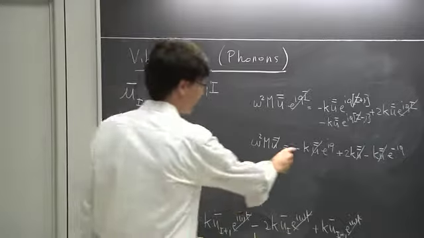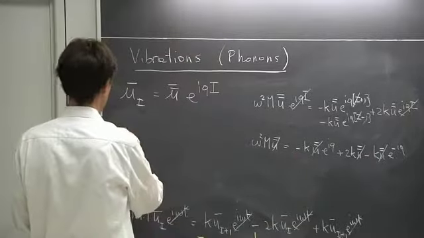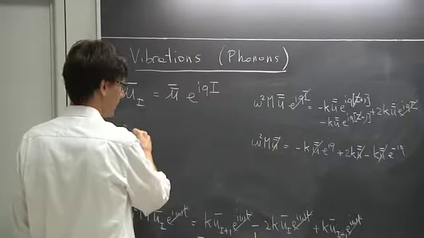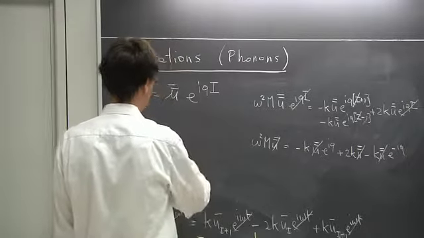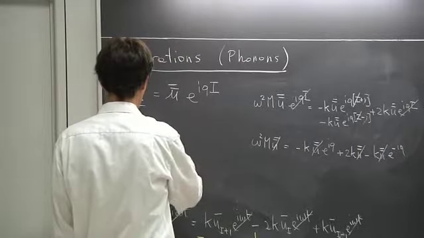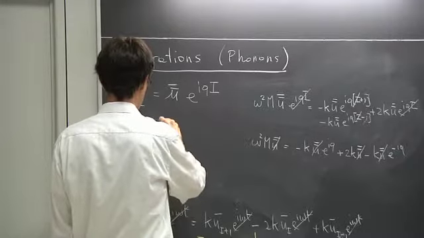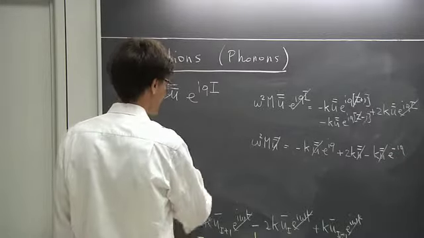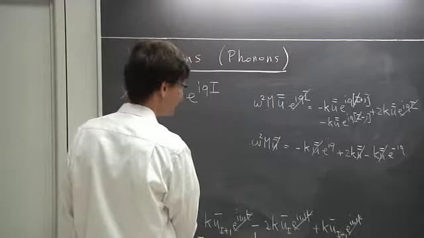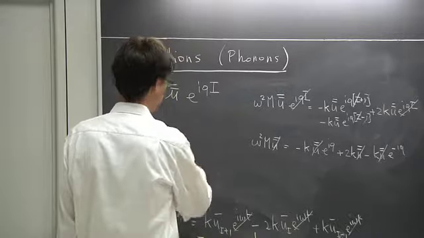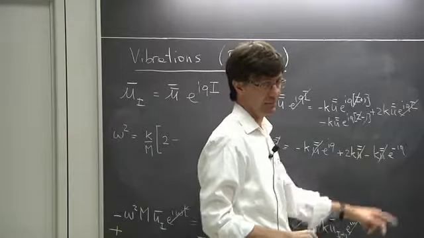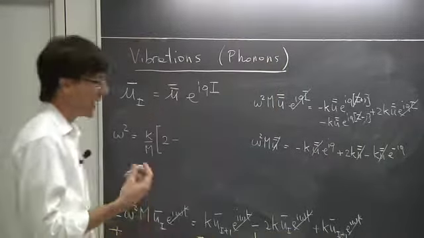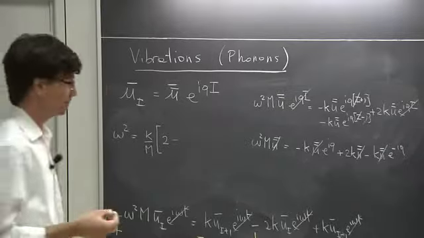And what I get is, actually, let me group the things here. So I get omega squared equals k over m times 2 minus e to the i q plus e to the minus i q, which is twice the cosine of q.